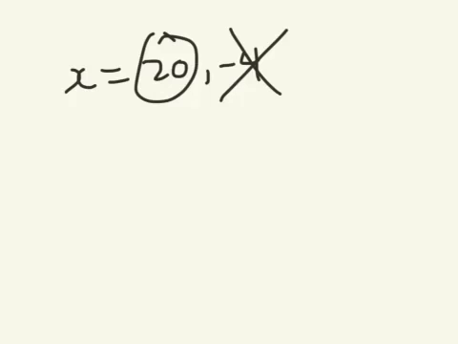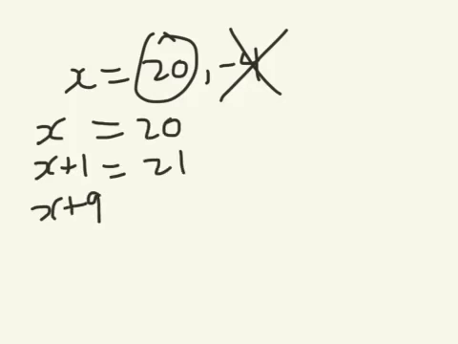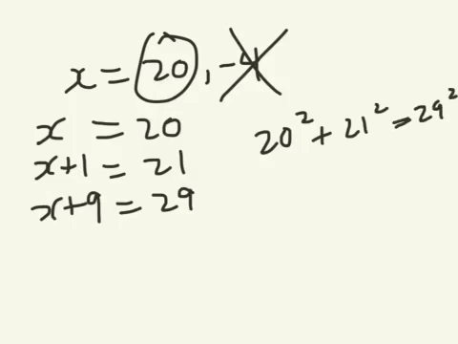So what are the three sides? Well, we had x, we had x plus 1, and we had x plus 9. So I got 20, 21, and 29. And if we plug this into the Pythagorean theorem, let's see if it works. So we had 20 squared plus 21 squared equals 29 squared.